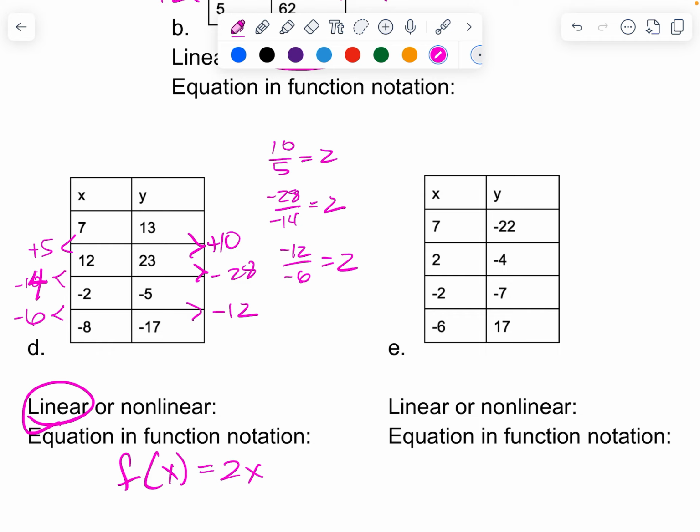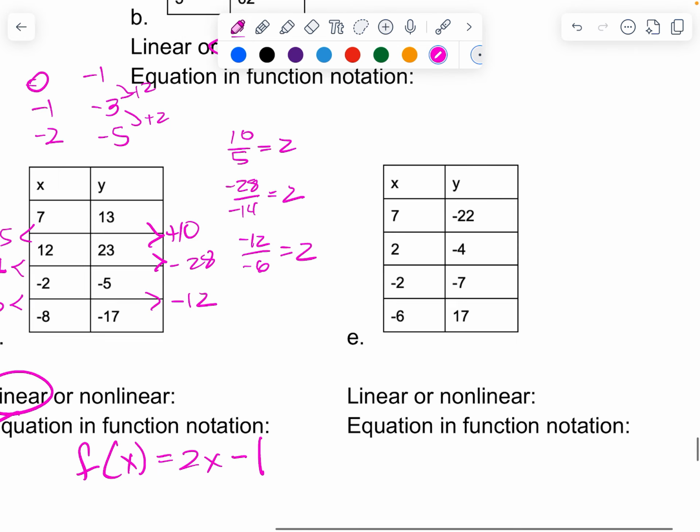And that is going to be minus, let's see, I'm at negative 2, negative 5. If this goes back by 1, by 2, that means this has to go plus 2. So that's going to be negative 3 plus 2. That's going to be negative 1, so minus 1.